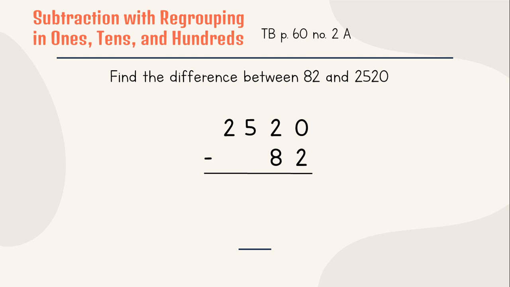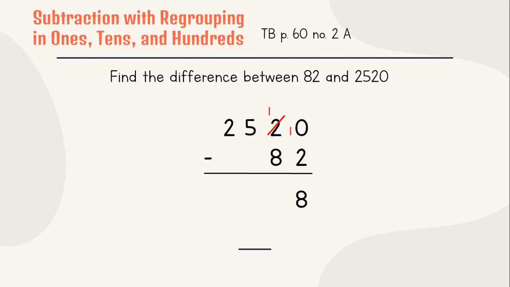So that's it. 0 minus 2 cannot, right? So what do we have to do? Borrow 1 ten from the tens. So we will have 1 ten and 0 ones, which make 10. And 2 tens minus 1 ten equals 1 ten. Now what we have is 10 ones minus 2 ones equals 8 ones. And this 1 ten minus 8 tens, can it be? Cannot.